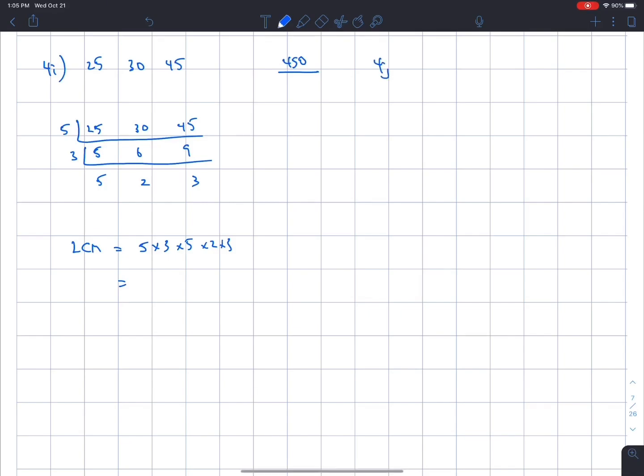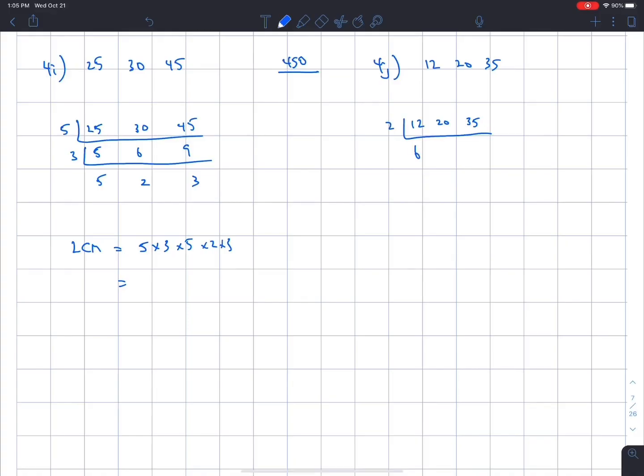For J, 12, 20, and 35. We can divide them by 2.